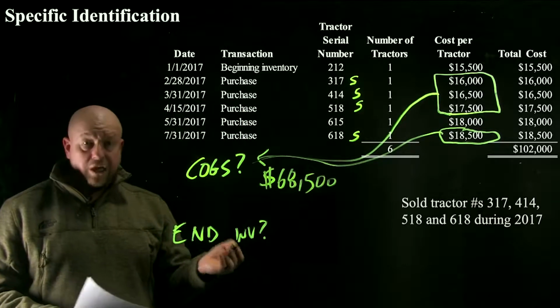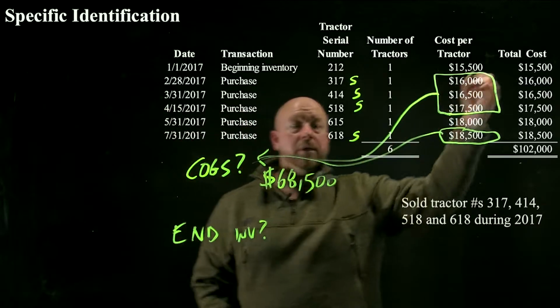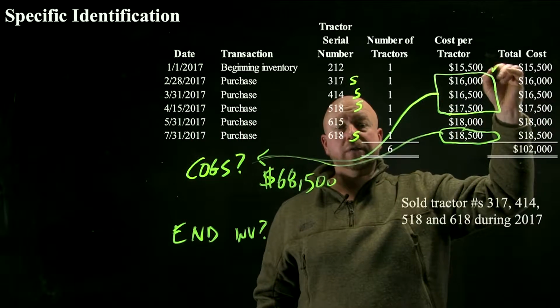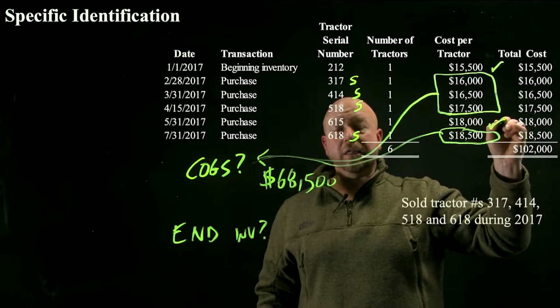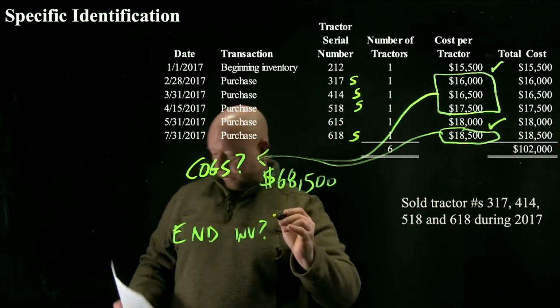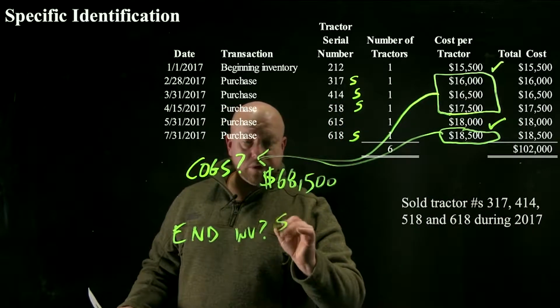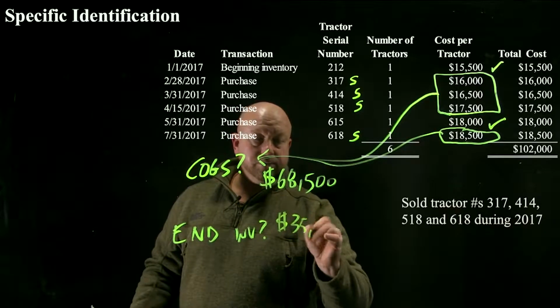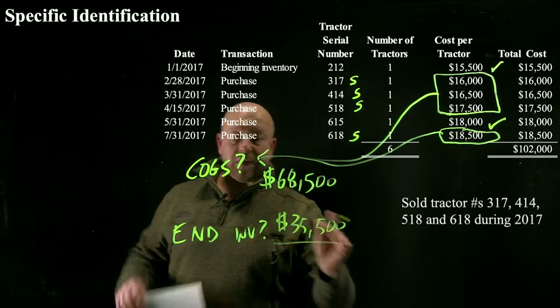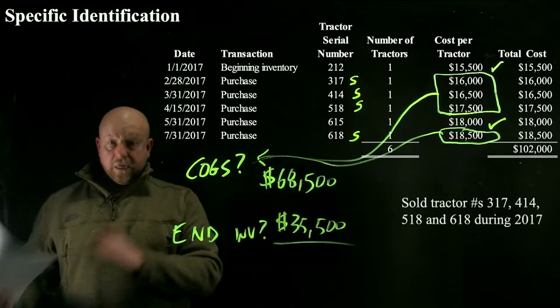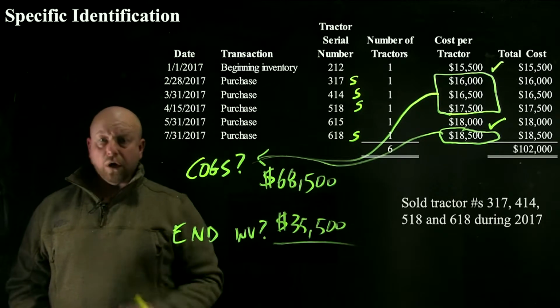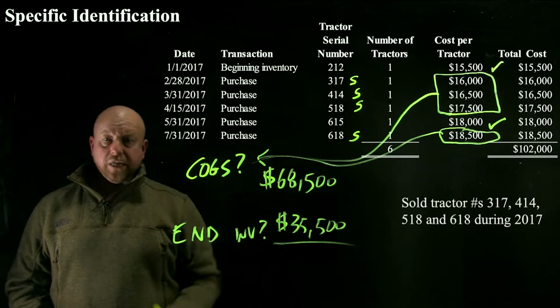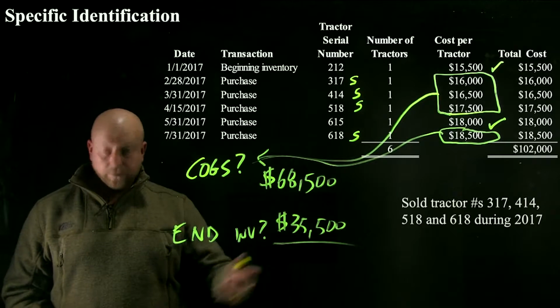And then the items we did not sell, right here, $15,500 and $18,000. If you add those together, you get $33,500. And we basically have the allocation between the income statement expense called cost of goods sold and the balance sheet asset, which is ending inventory.